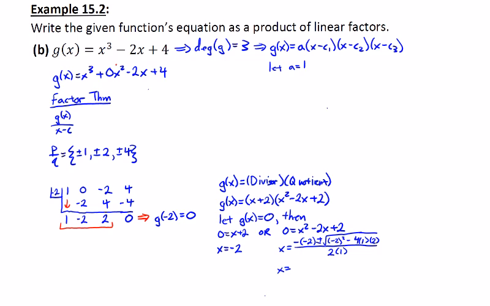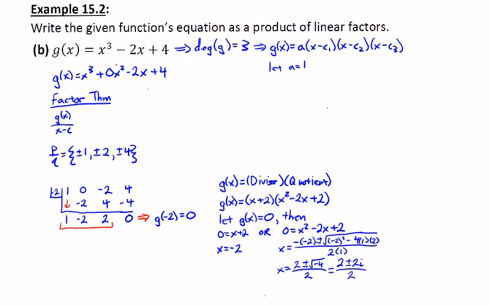Start with the negative, or the opposite of -2, so that'll be +2 plus or minus the square root of -4, all divided by +2, and I can handle the square root of -4 by representing it as 2i.